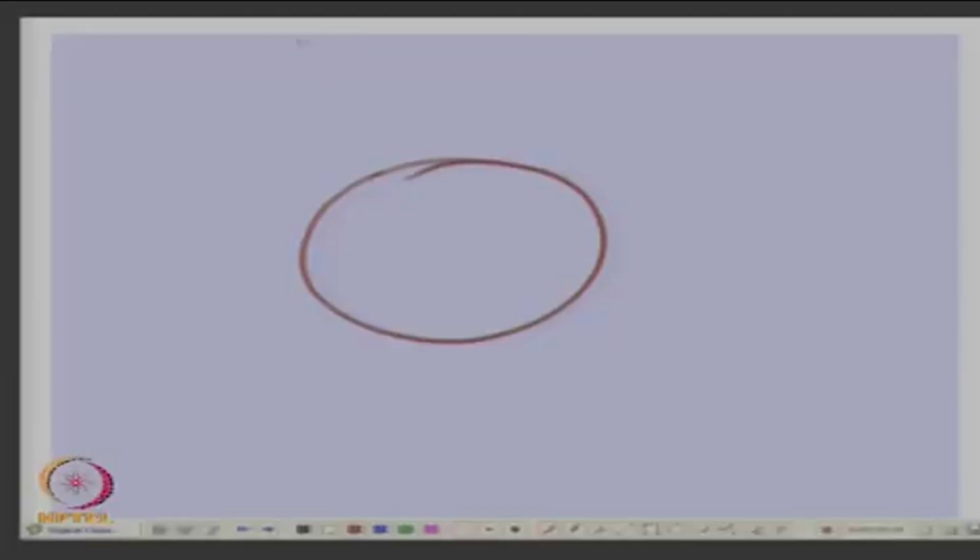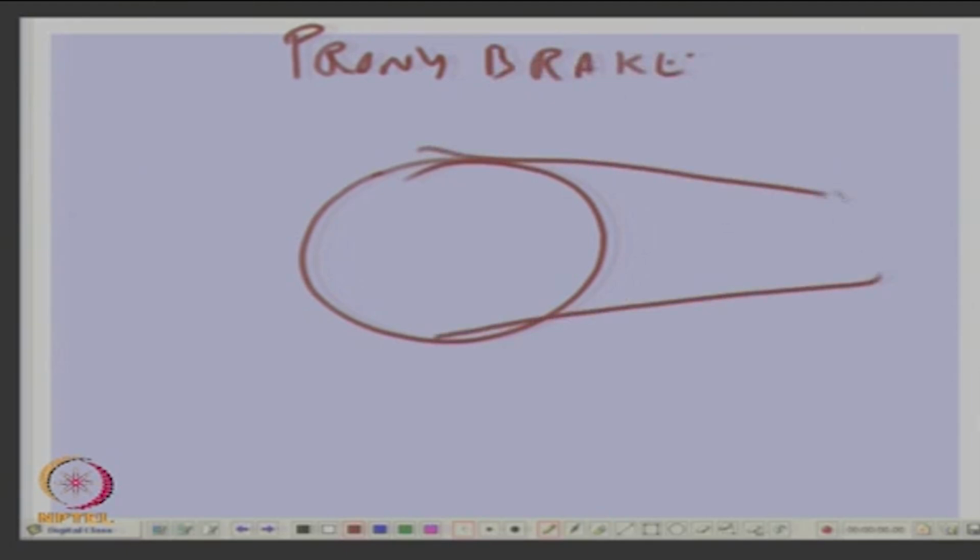Like you make a prony brake, where you have a brake and this is a W at a distance R. This is one way. It puts the brake on this thing, it is called a prony brake, like a brake on a bicycle you can say.